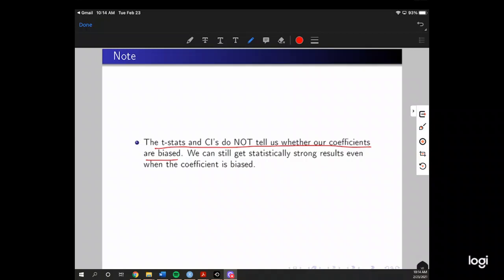Let's write down a model here. Whether or not beta 1 is biased depends on making the case that the correlation between x and u equals 0. Are we violating assumption number 1 of OLS or not? And whether or not beta 1 is statistically significant tells us nothing about whether or not beta 1 is biased.